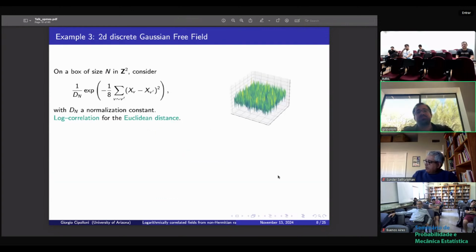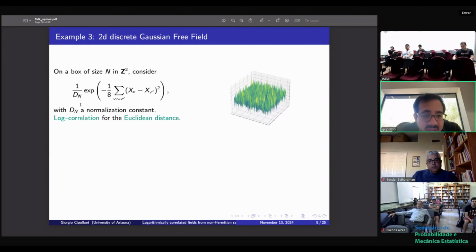And to look at this, we look, for example, at the two-dimensional discrete Gaussian free field, yet another example, and see what one can say again about the high points of this field. So the discrete Gaussian free field, say with Dirichlet boundary condition, is a Gaussian vector X which has the following distribution.